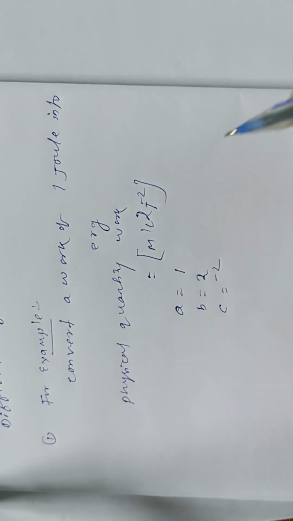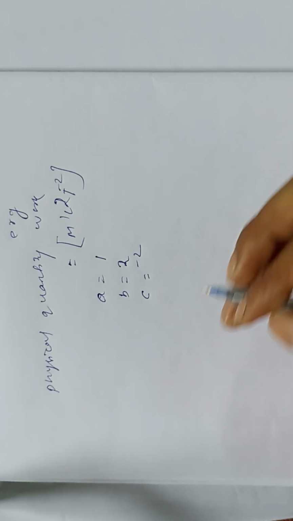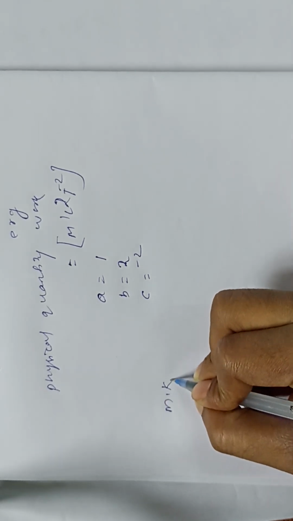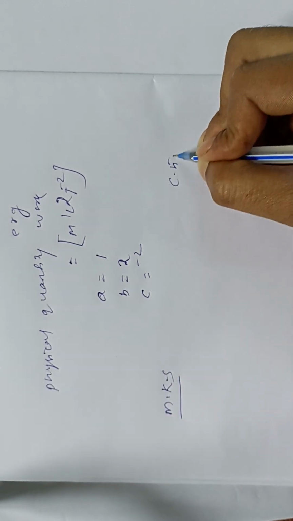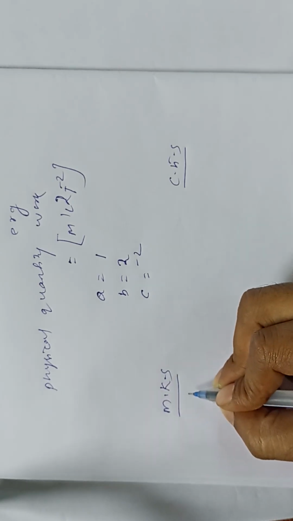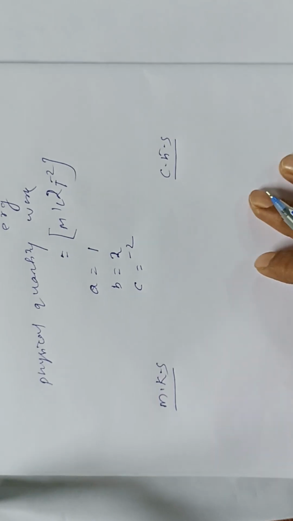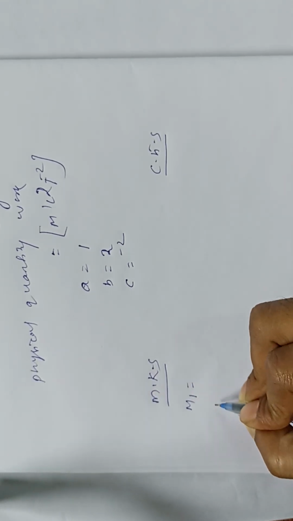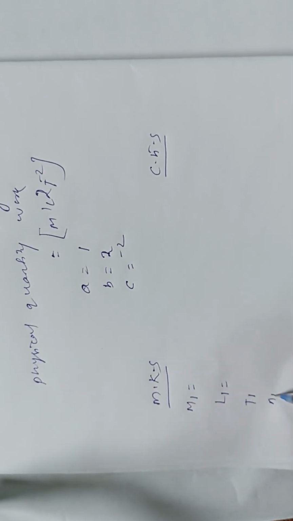Now we write this as system 1, the MKS system, and this is system 2, the CGS system. This side is the known value and this is the unknown value. So the known values are M1, L1, T1 and N1.